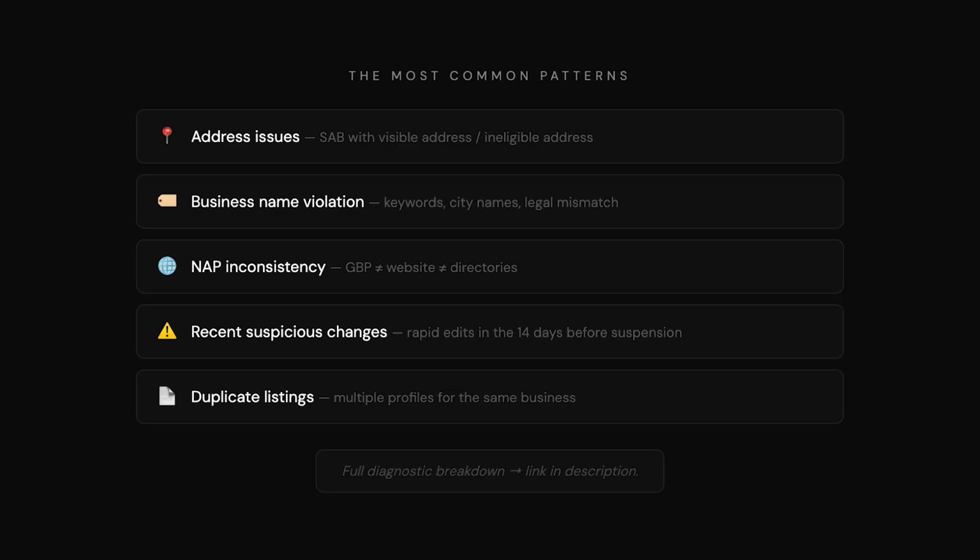There is also the NAP inconsistency, when your GBP information doesn't say the same thing as on your website or directories when it comes to your name, address, and phone number. Also, recent suspicious changes, such as rapid edits in the last 14 days before the suspension, or duplicate listings, when multiple profiles were created for the same business.